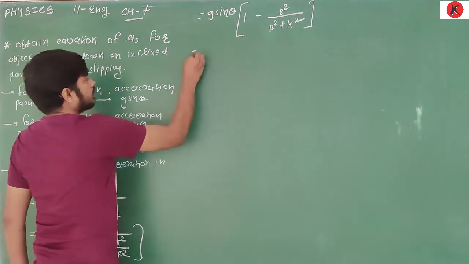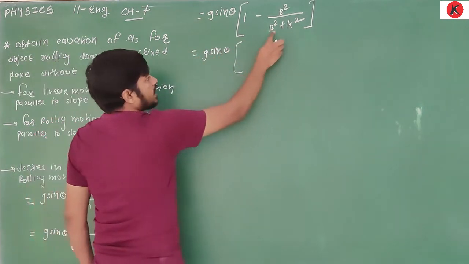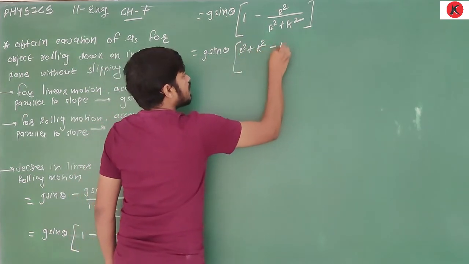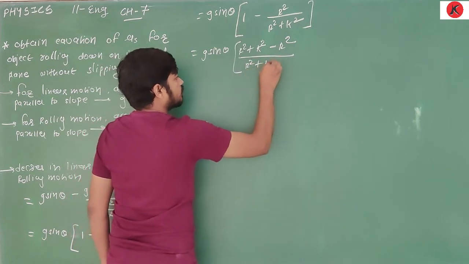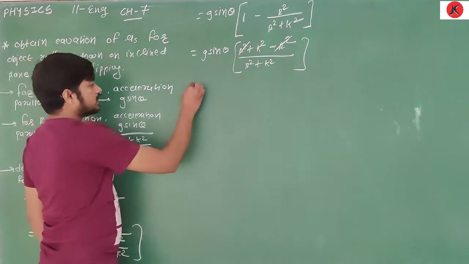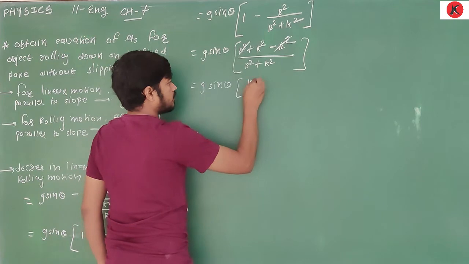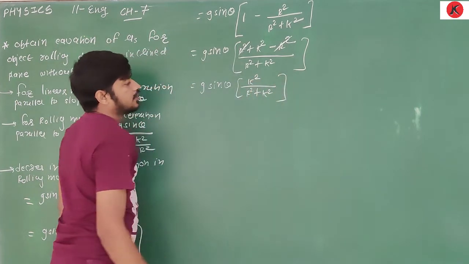Now again, g sin theta, how to simplify this? It is r square plus k square into 1 minus r square, divided by r square plus k square, r square cut. So it is g sin theta in bracket k square upon r square plus k square.